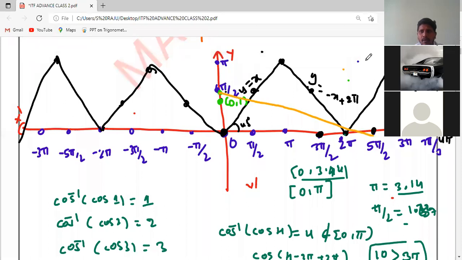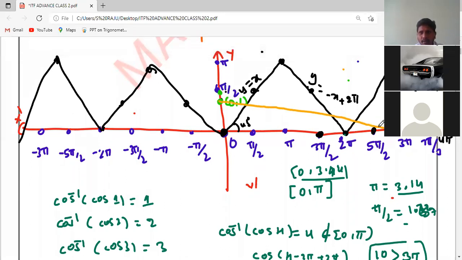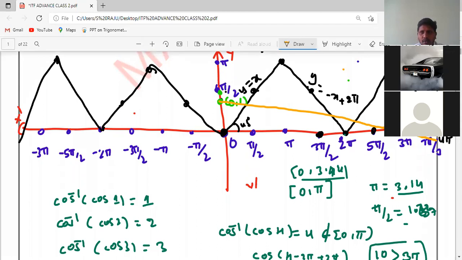like this. This is the graph. So what they are asking here is the number of points, sorry, the question is the number of points at which the line meets the given curve.